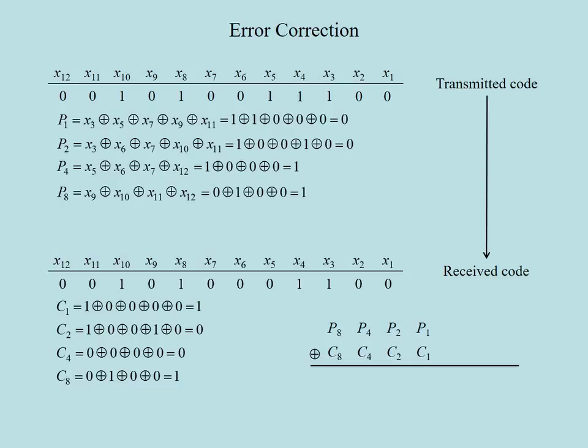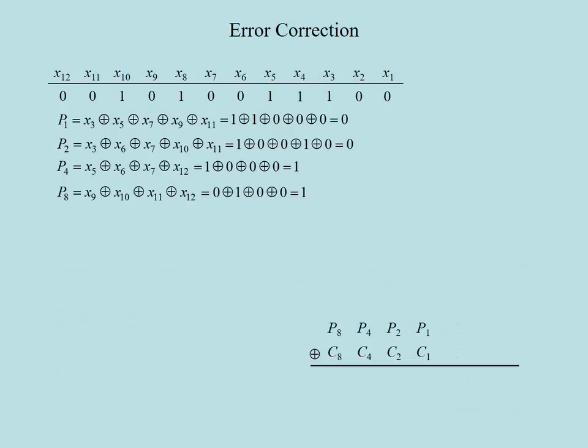The received parity bits are read from the message as again 1, 1, 0, 0. However, this time the computed parities are 1, 0, 0, 1. The bitwise XOR yields the result 0, 1, 0, 1. In other words, 5 in binary format, which indicates X5 has arrived erroneously.